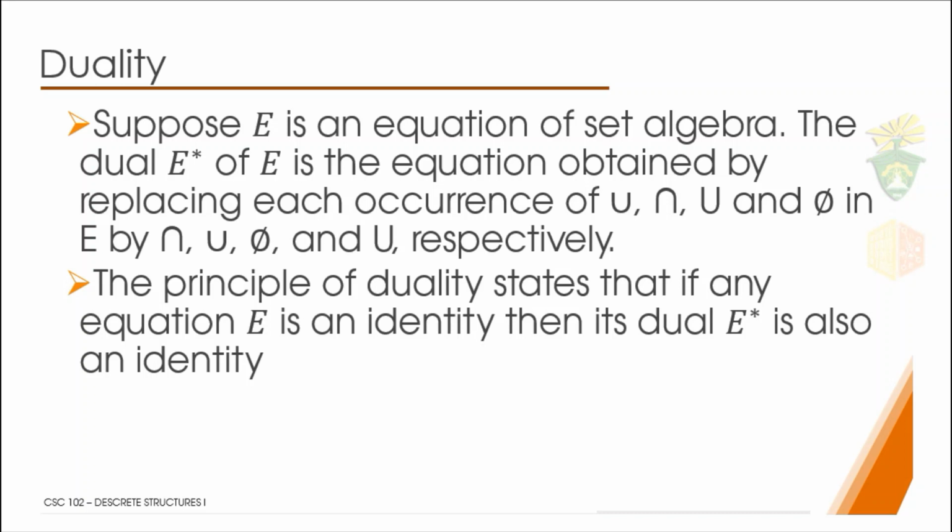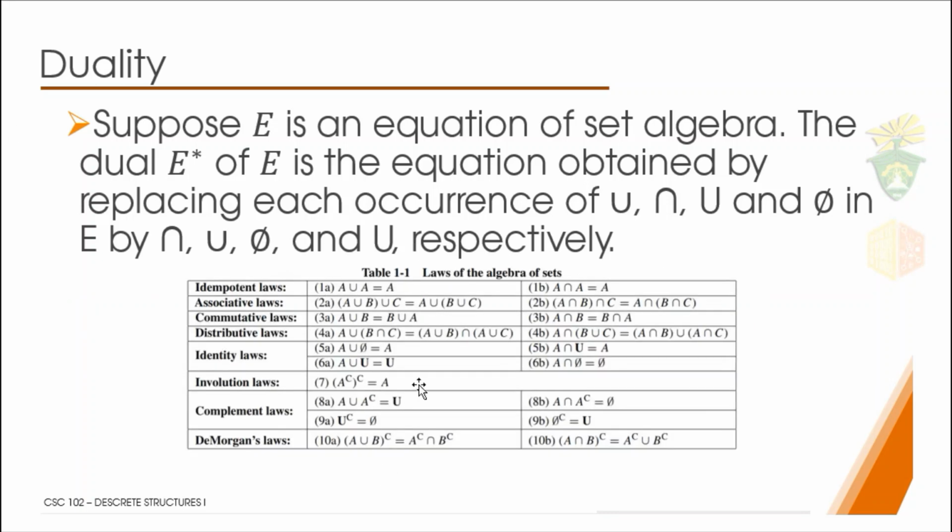The principle of duality states that if any equation E is an identity, then its dual E star is also an identity. It just means that if you have an equation, then there is a dual that is also true.